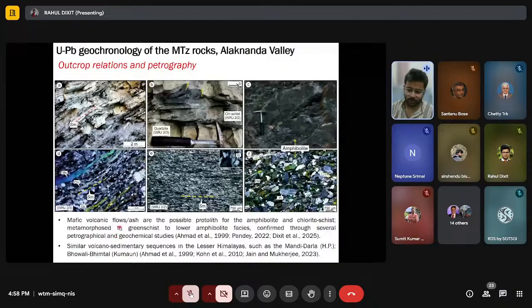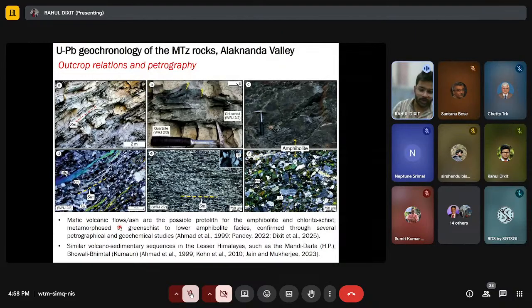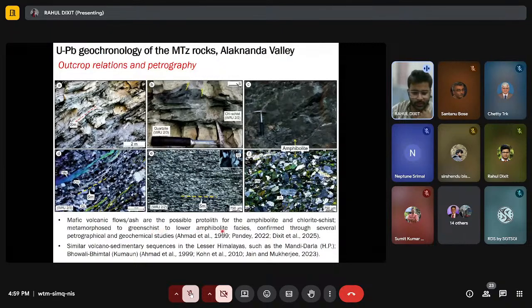Several geochemical and petrographical studies have been performed in this valley, and these studies identify mafic volcanic flows or ash as the possible protolith for the amphibolite and chlorite schist rocks that we see here, which are metamorphosed to the greenschist to lower amphibolite facies.